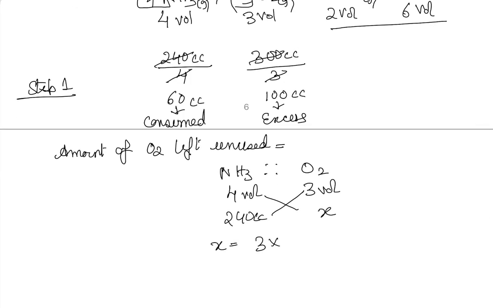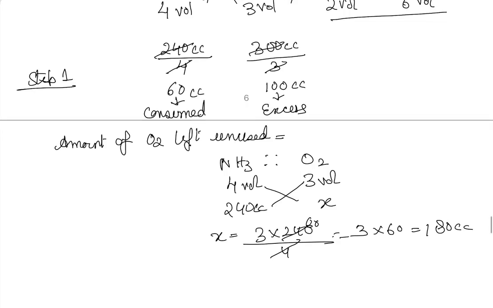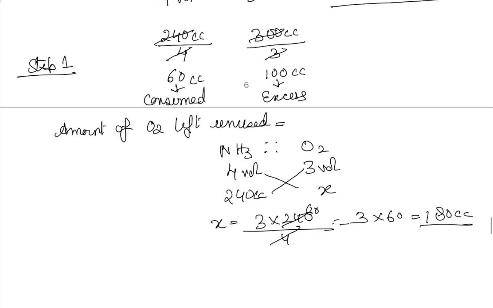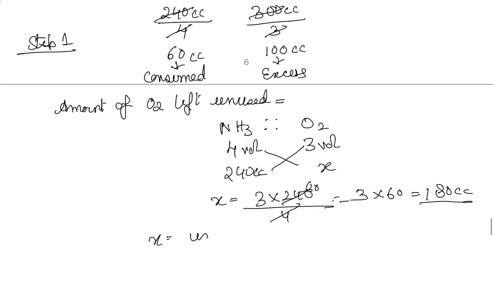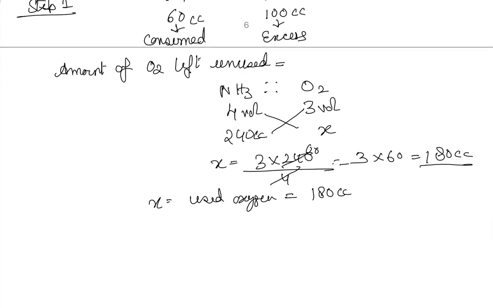The x will be equal to 3 multiplied by 60, which is 180 cc. So first we calculated how much ammonia is used; now x is the used oxygen, which is 180 cc. How much is left unused?